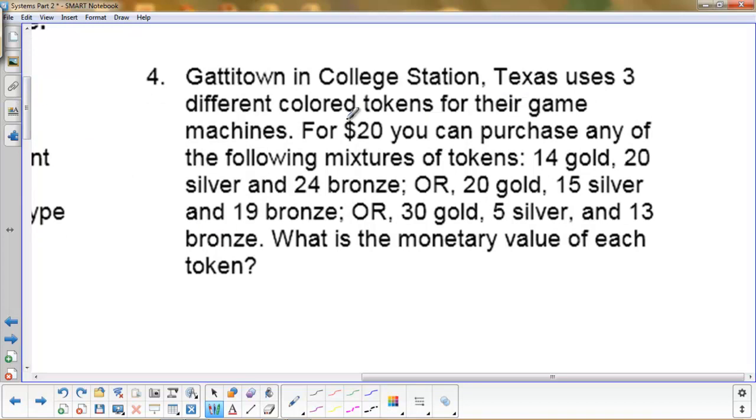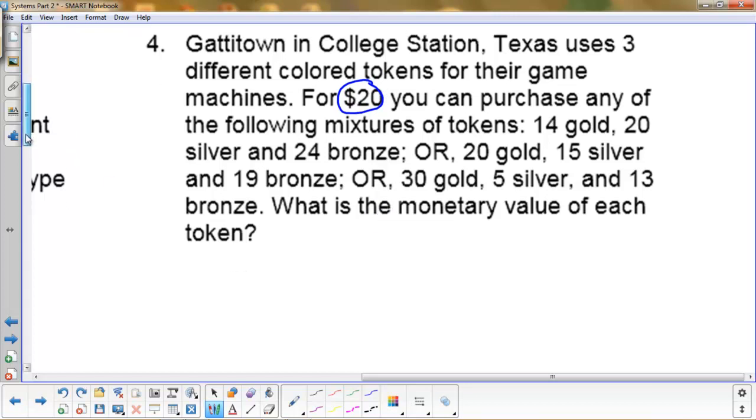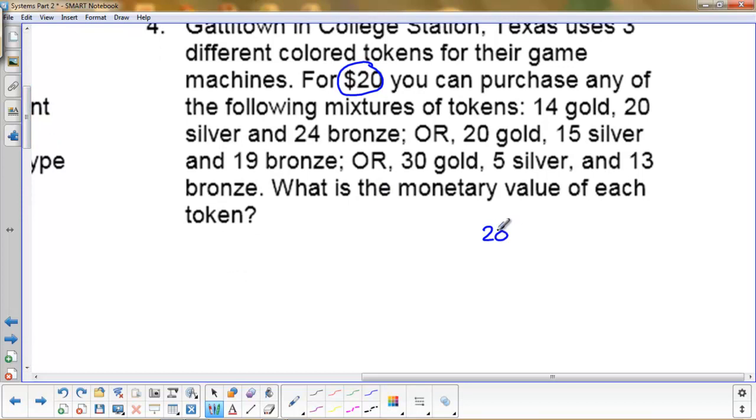All right, question number 4. We're going to go ahead and take a look at this particular problem in a different way. It says here that any of the following combinations will give you $20. So that means each of the following equations is going to be equal to 20.